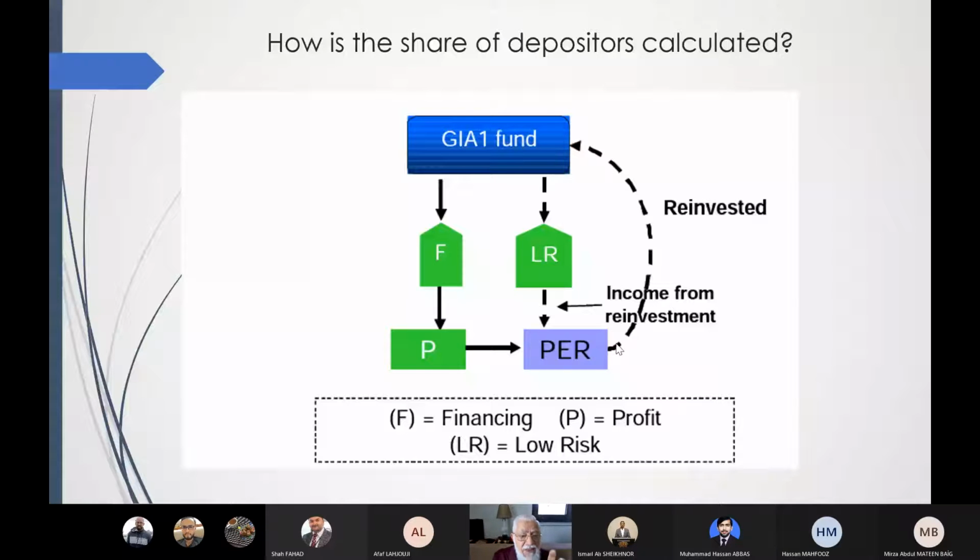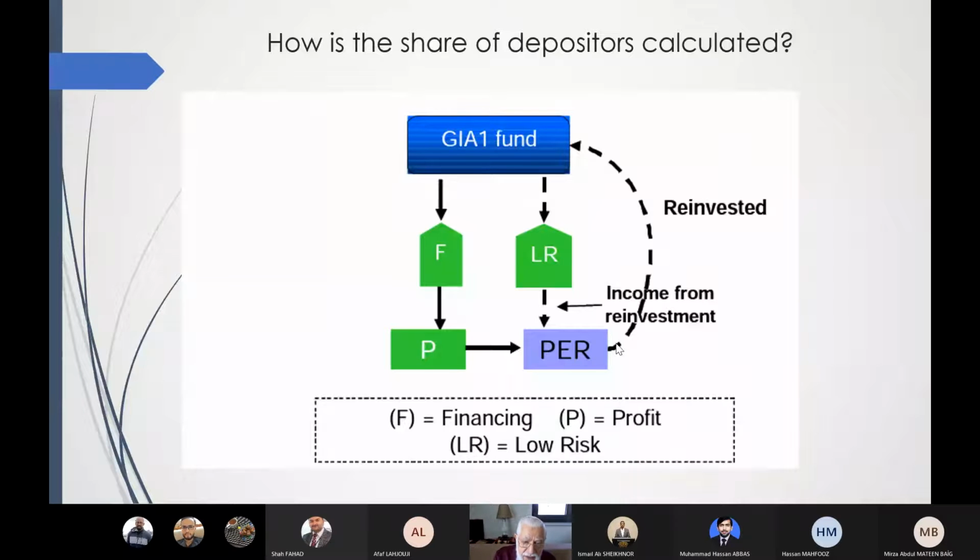It's reinvested, and it's not reinvested in the same investment, as Mirza told us about Pakistan. The GIA is not invested like that. It's invested in low risk, right? Yes, it says LR, low risk. And the profit of it is added to the balance of it.